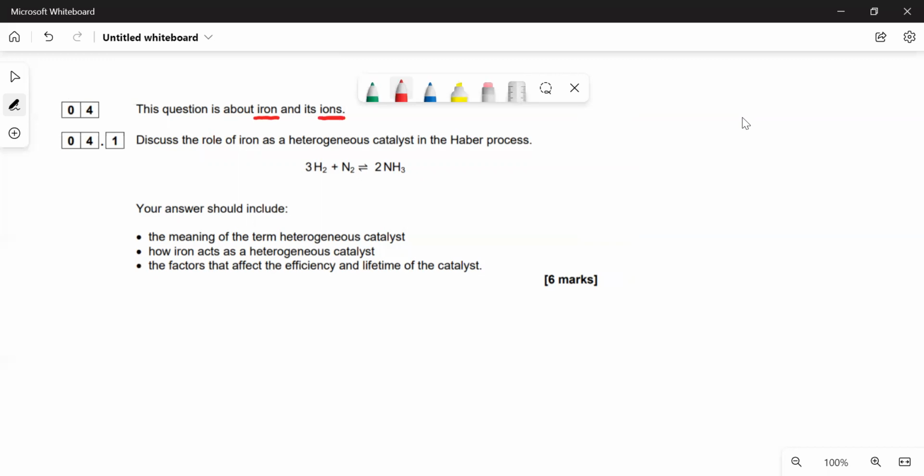Right, for a heterogeneous catalyst, we've got to state the meaning of that. What's a heterogeneous catalyst? The catalyst and the reactants and products are in different phases.